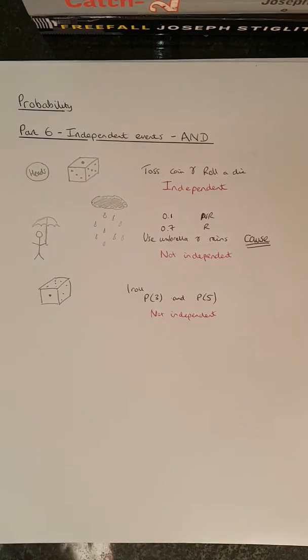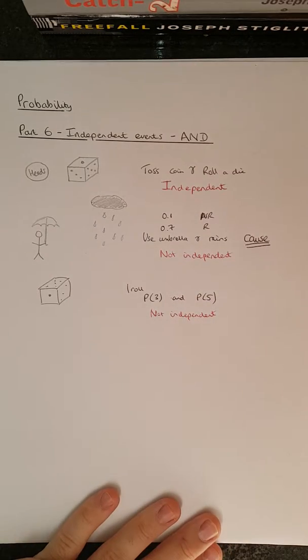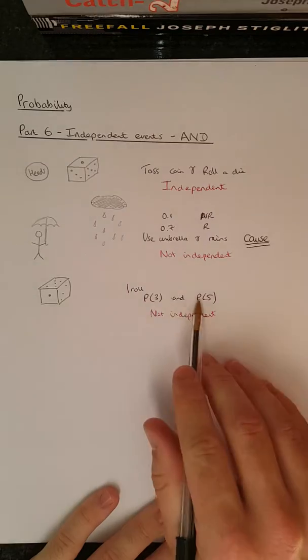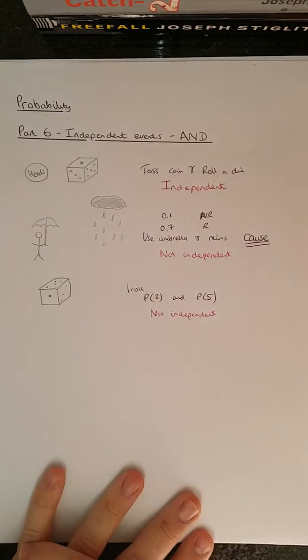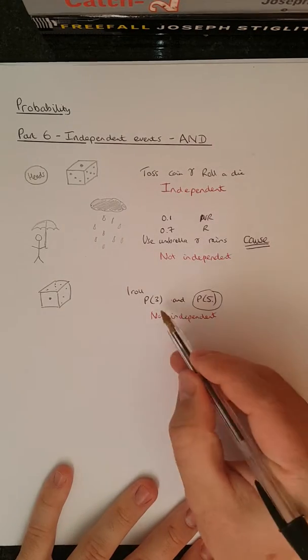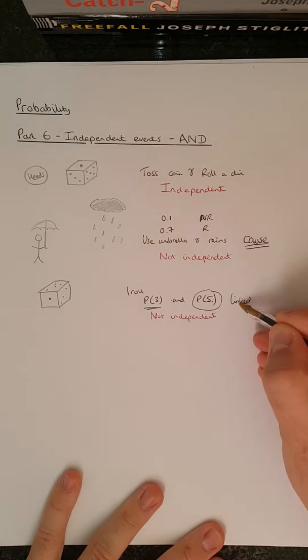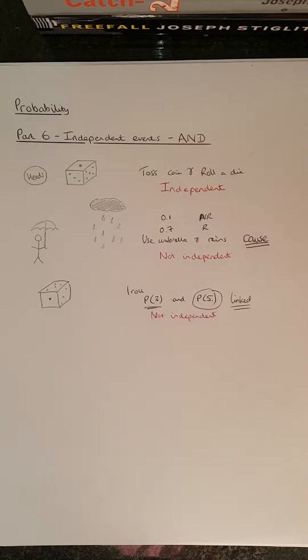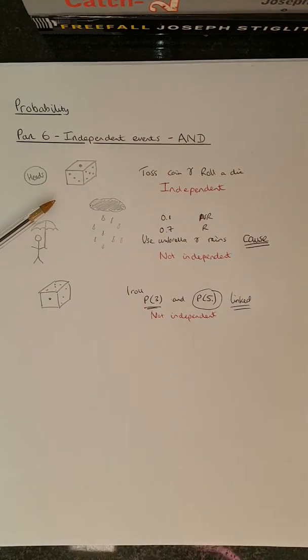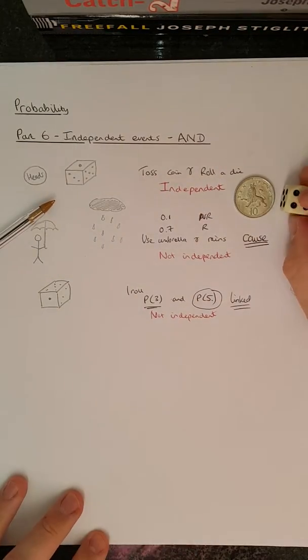What about the single die? Well, these two events are linked. Because they are linked, we have an issue, in that if one of them happens, the other can't happen. So there is again a cause in the relationship. And the reason these two are independent is, well, what happens when I toss my coin makes no difference to what happens when I roll my dice.